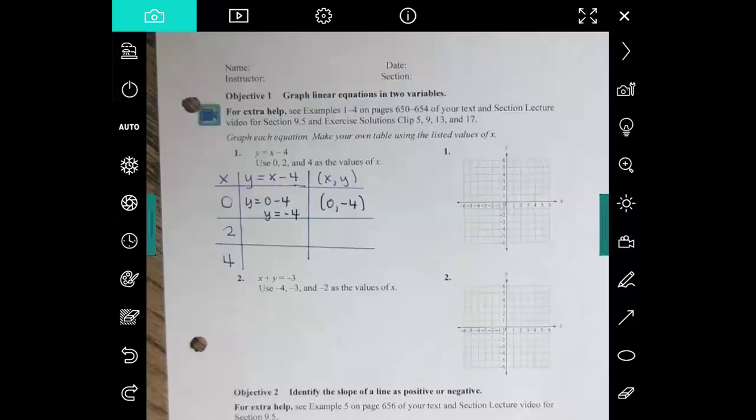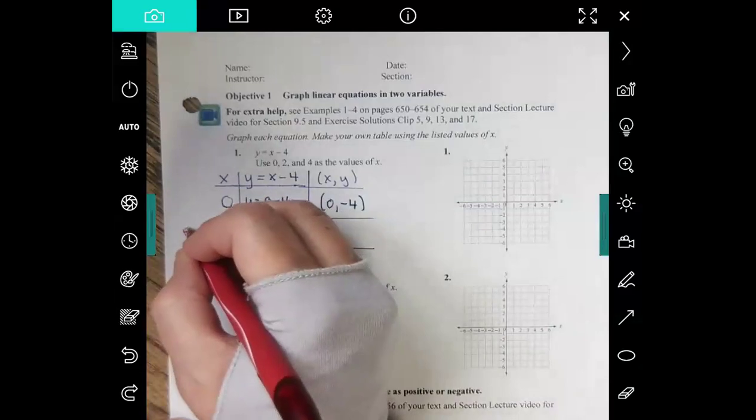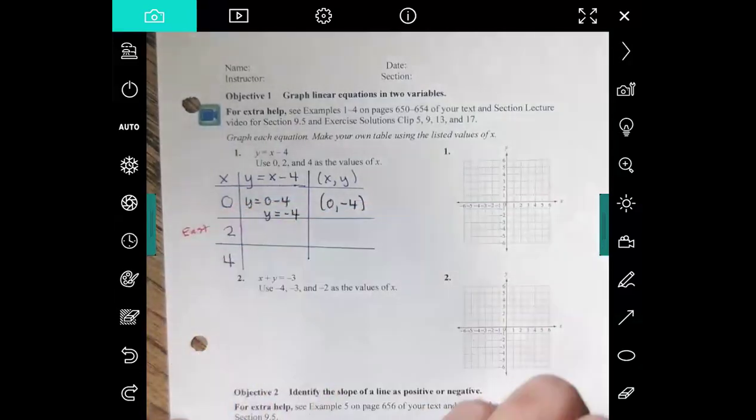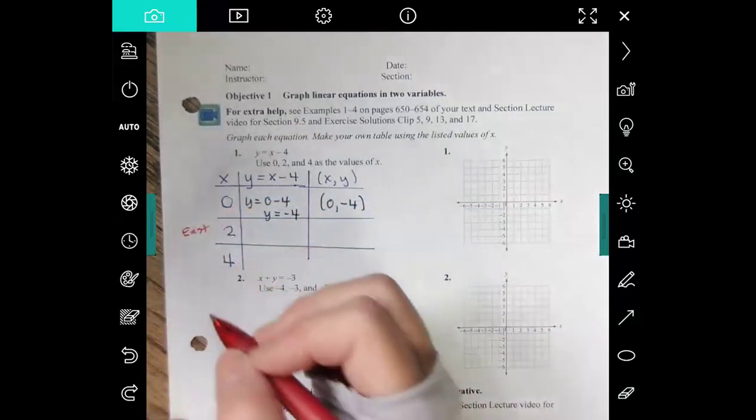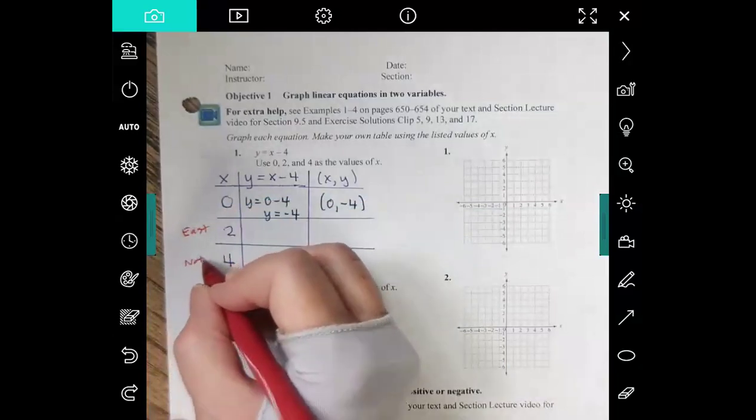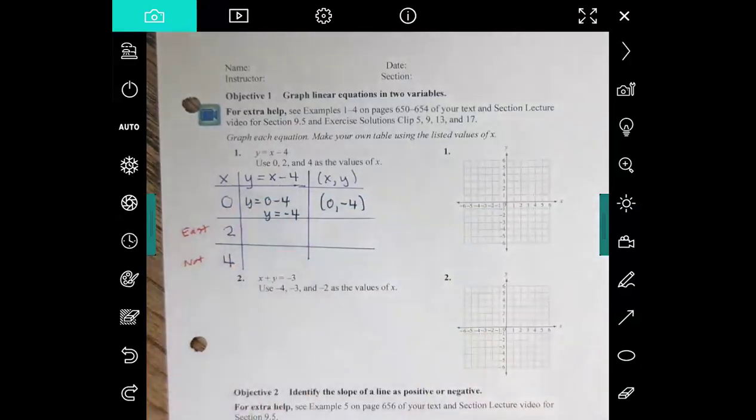All right, let's divide and conquer on these. If you live on the East Coast, do this one. And if you do not live on the East Coast, I would call the East Coast being like New York, Connecticut, up there somewhere, okay?